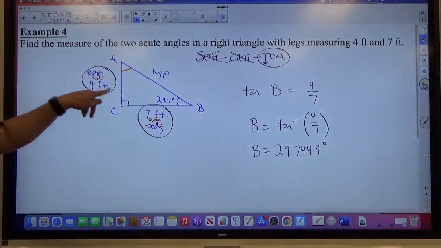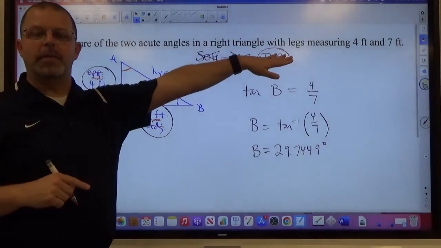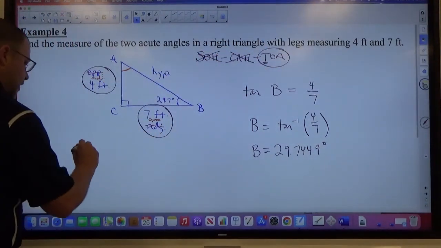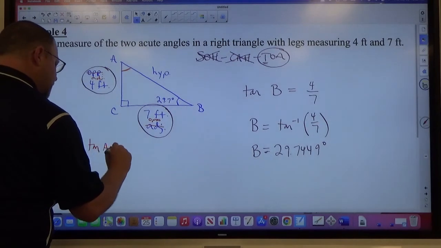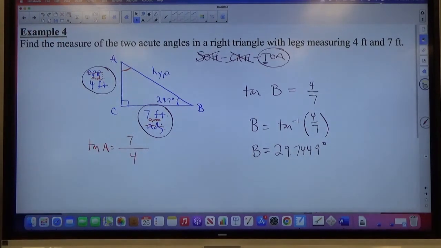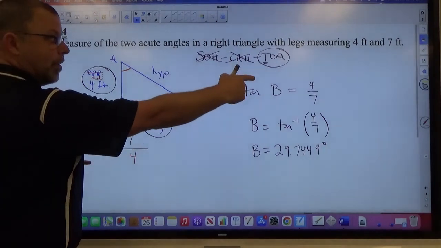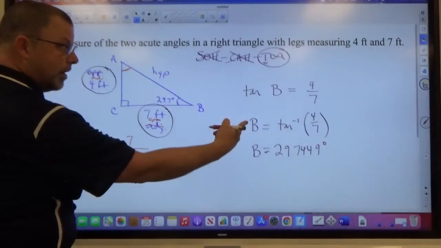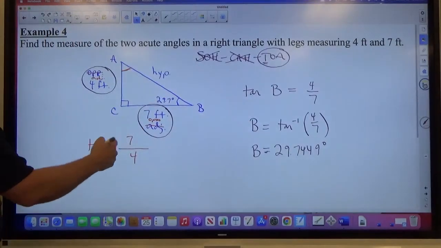And if we're still dealing with the opposite and the adjacent, we're still in tangent, right? So I'd say tangent of A is equal to the opposite 7 over the adjacent 4. Just like we knew tangent equal to 4/7, we did inverse tangent of 4/7 to get B. Now we know tangent of A is equal to 7/4.